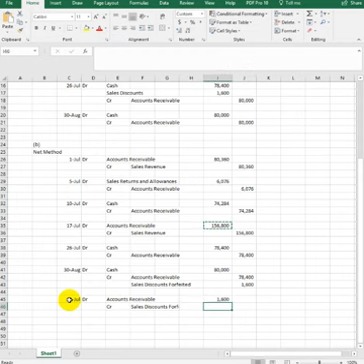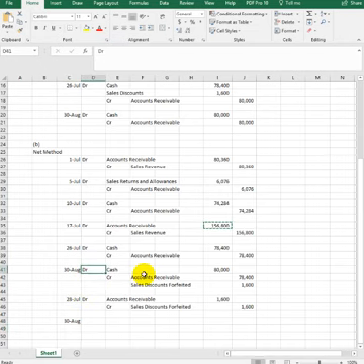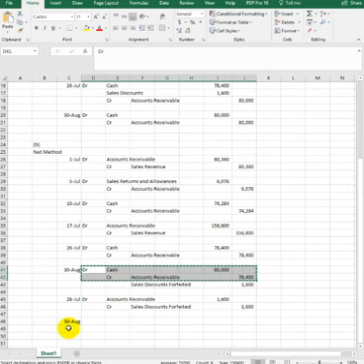And then of course when they pay it, the entry at that point would be very similar to this one, except if I just copy that and punch it down here.